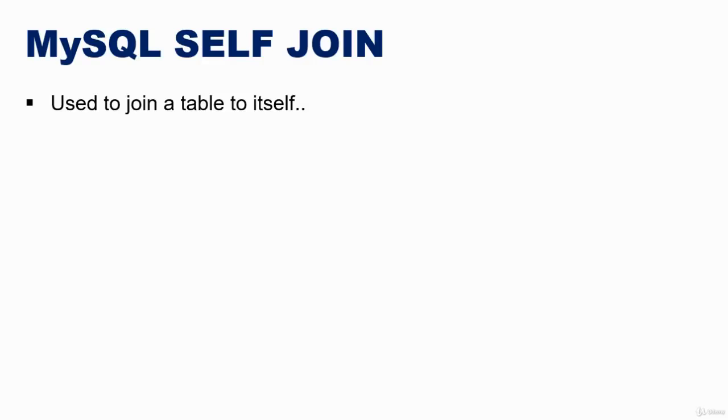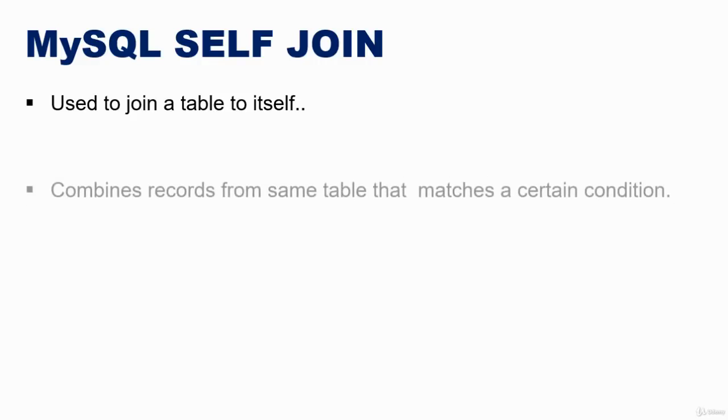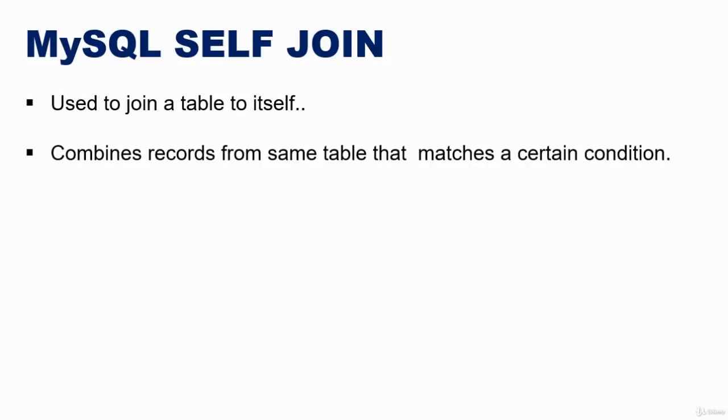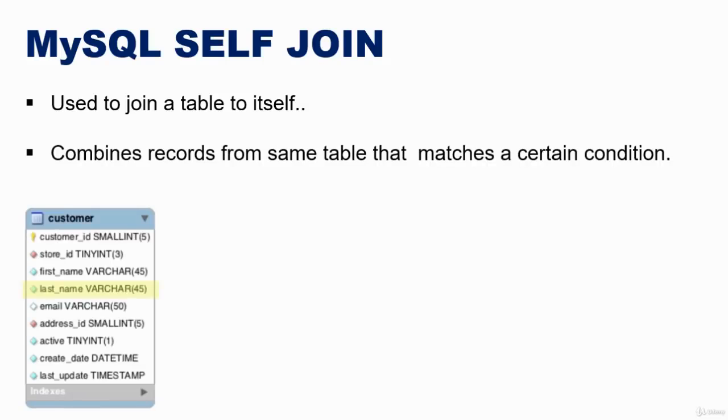So a self-join basically is useful for when you want to combine the records in a table with other records in the same table that matches a certain join condition.